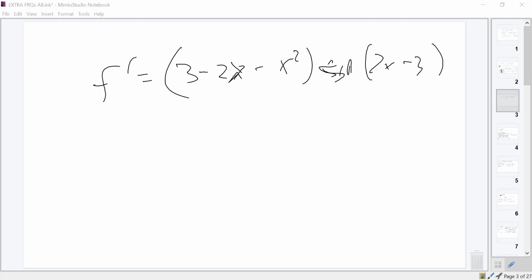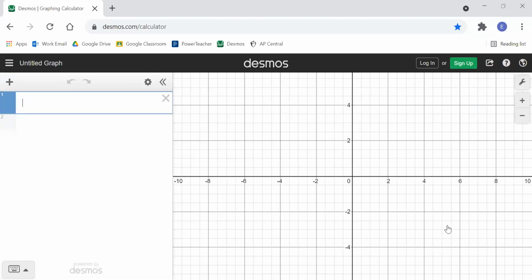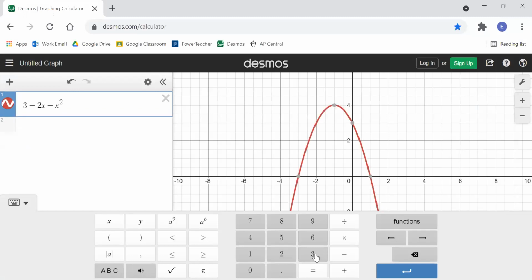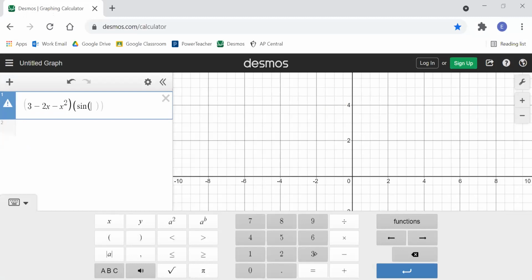So what was our function? It was 3 minus 2x minus x squared, times sine of 2x minus 3.